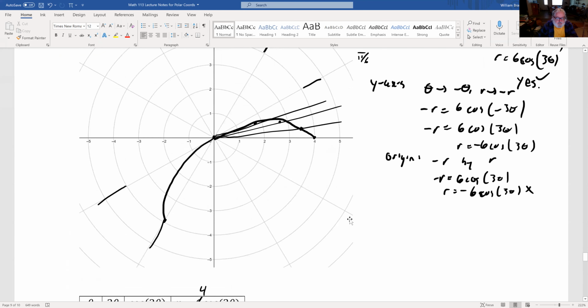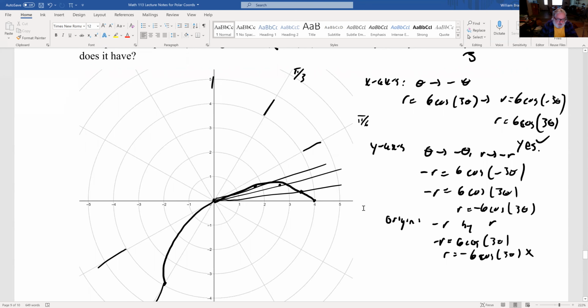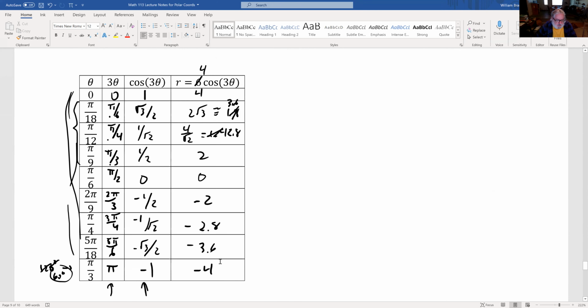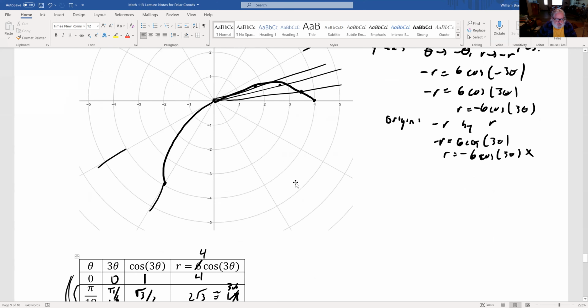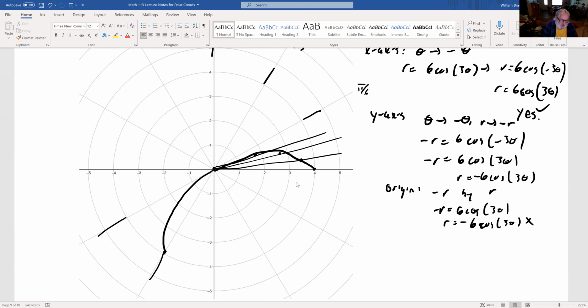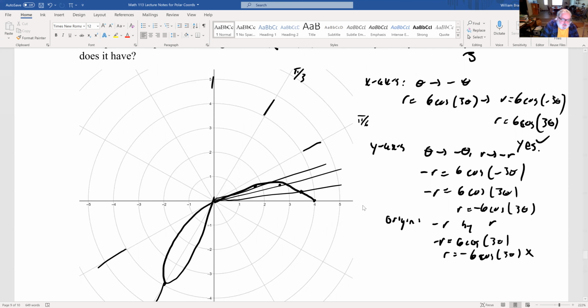So we get the same shape, and my r's will still be negative because I'm climbing back from -4 back up to -2, so it'll still be negative, and we'll come back this way. So from here to here, over the next 30 degrees, will be positive and climb back out to 4. Over the next 30 degrees, we'll still be positive and we'll drop back down to 0.